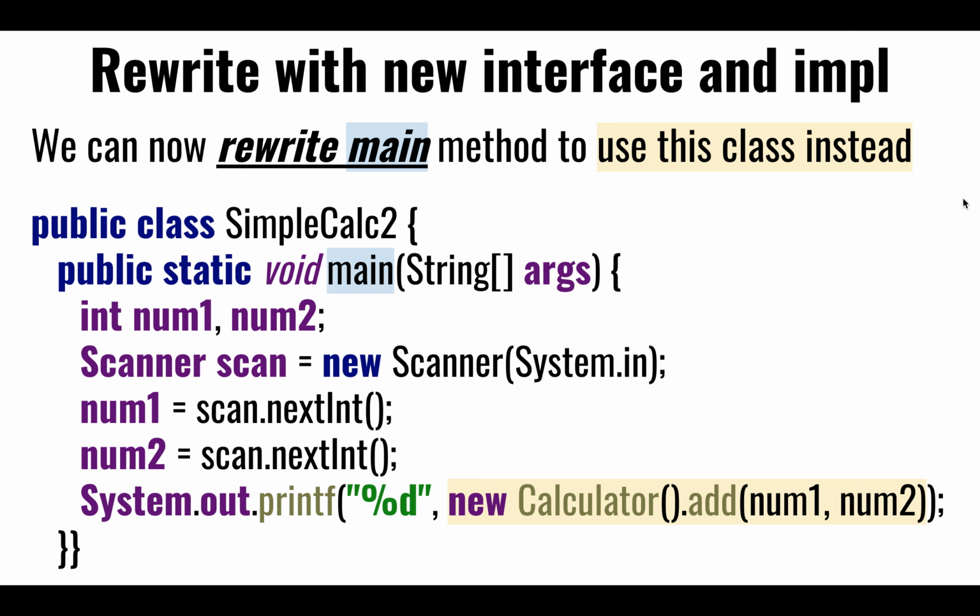So that hasn't changed. And our main is the same, but instead of hard coding the addition right here in the output, we're going through our model instead.